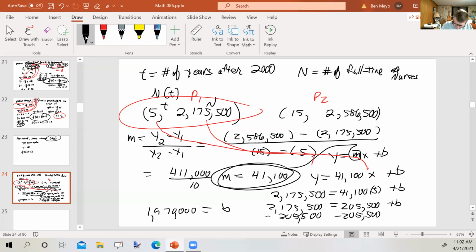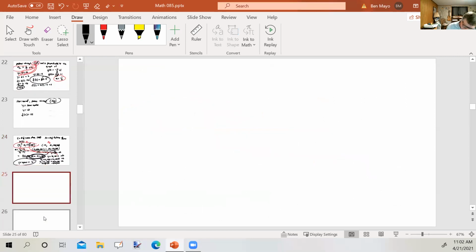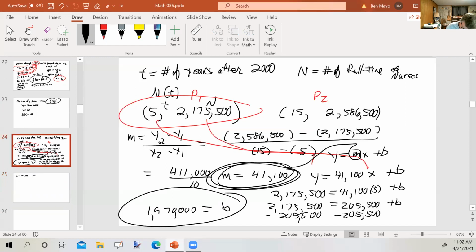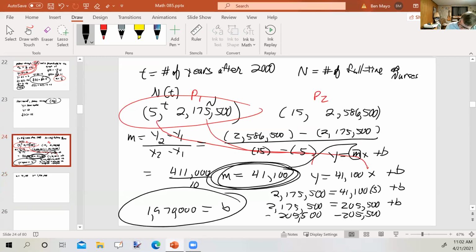Okay, so I know the slope and I know the y-intercept, but I've run out of room, so I'm going to take those to the next page. The slope was 41,100, and the y-intercept was 1,970,000. Let's make sure that's correct.